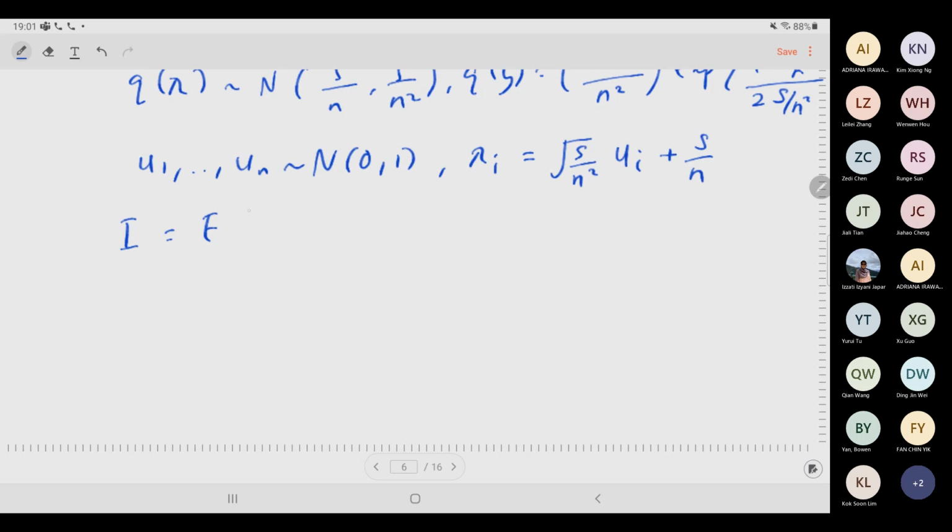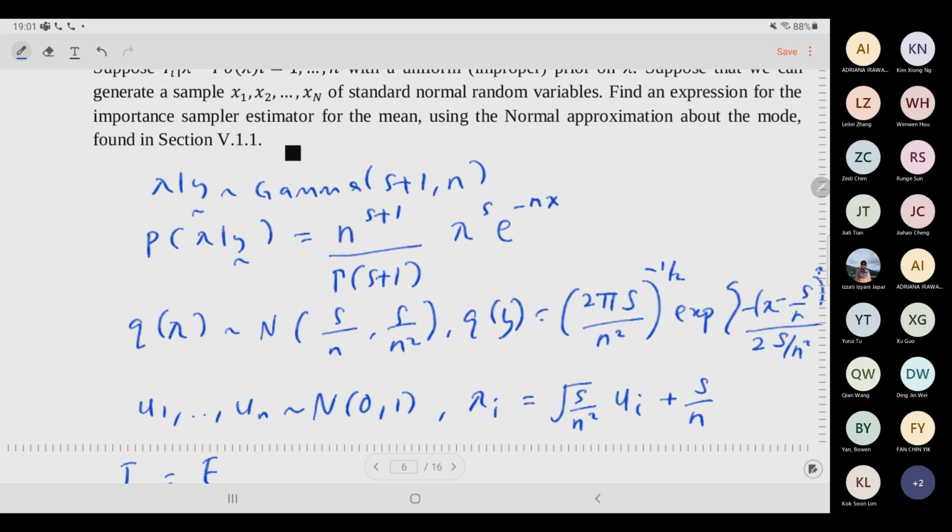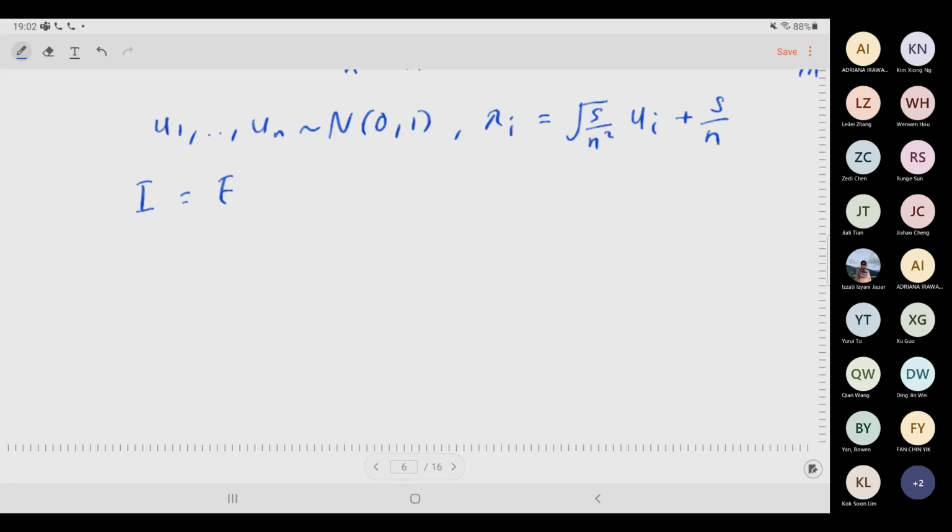What is the question? The mean. So you want to find the mean, the importance sampler for the mean. That means you want to find the expectation of lambda, the mean of lambda. If you were to write it, it would be lambda times the posterior of lambda.